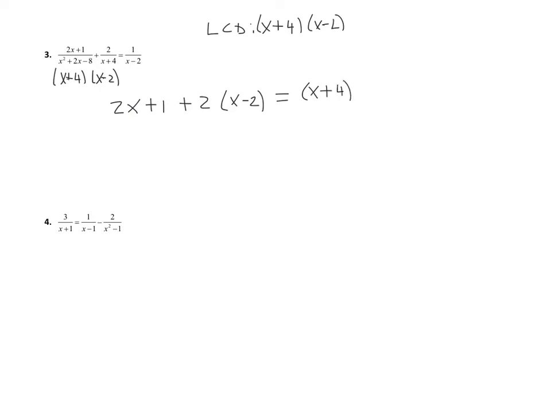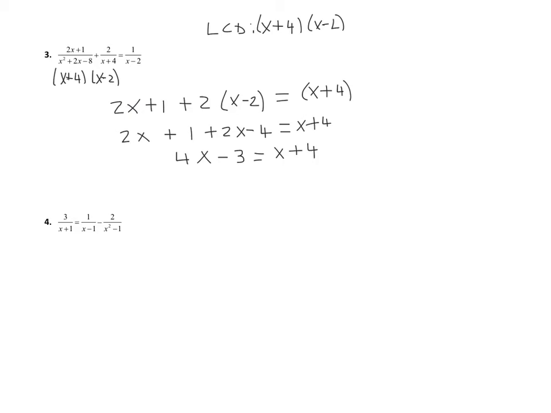Now I can simplify: 2x plus 1 plus 2x minus 4 is equal to x plus 4. Then I simplify, so I have 4x minus 3 is equal to x plus 4.